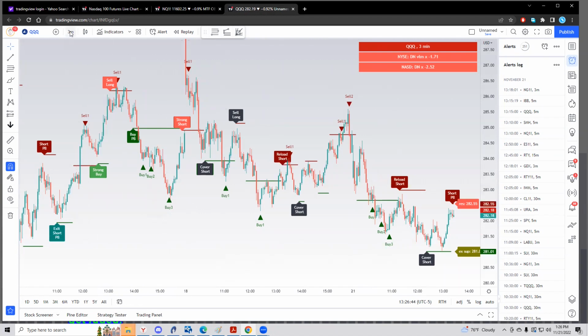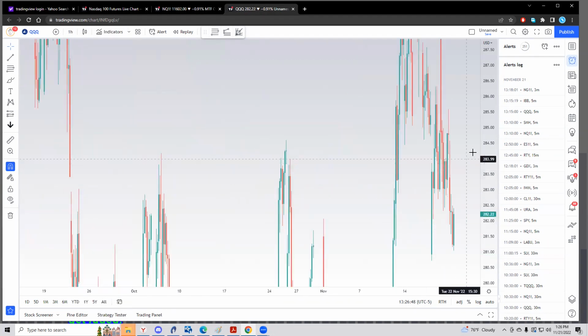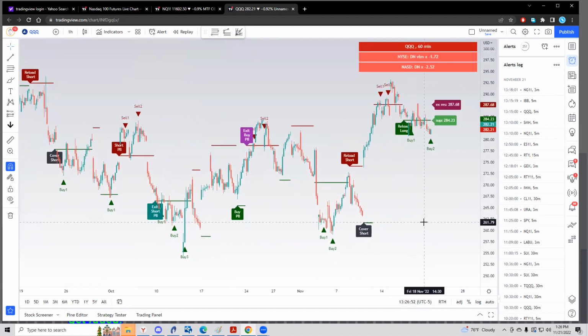Again, you can use that indicator on any time frame. We can go to an hourly time frame, and it will actually detect similar setups on high time frames. But what I personally discovered is that lower time frames, like 3 minute, 5 minute, 15 minute, maybe 30 minute, are the most reliable ones.